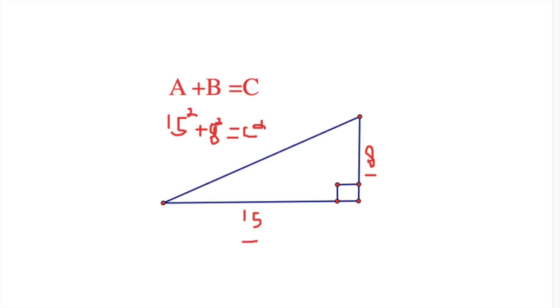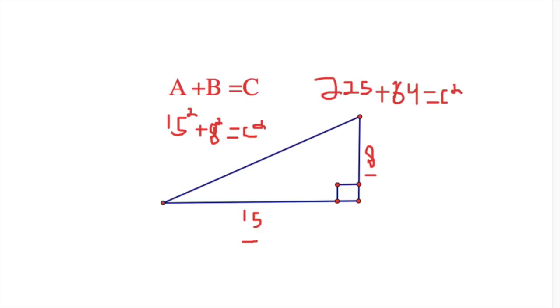Next, we want to square 15 and 8. 15 squared is 225. 8 squared is 64. Together, those still equal c squared.